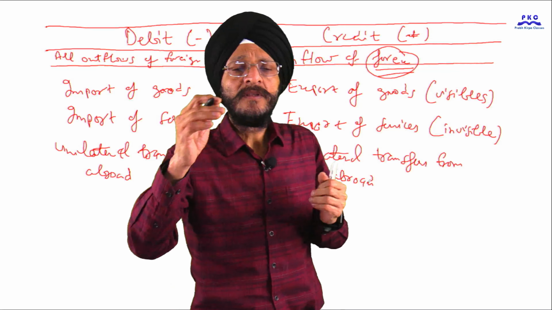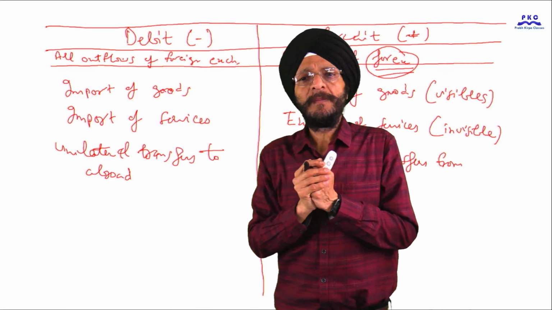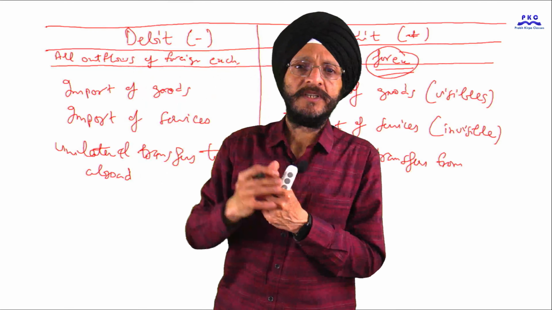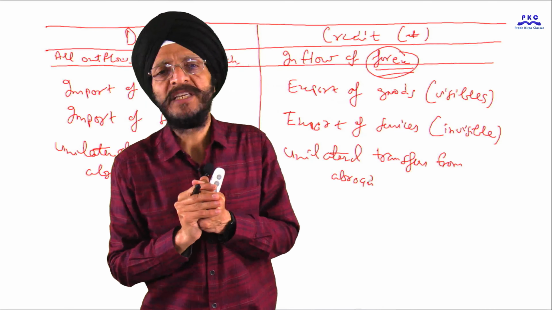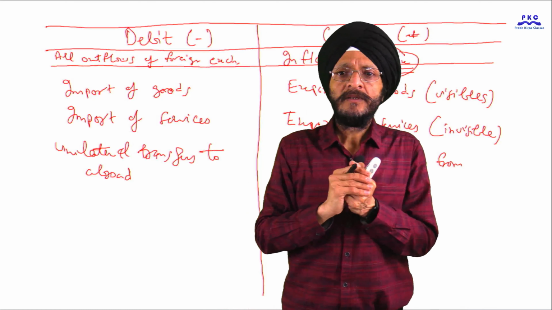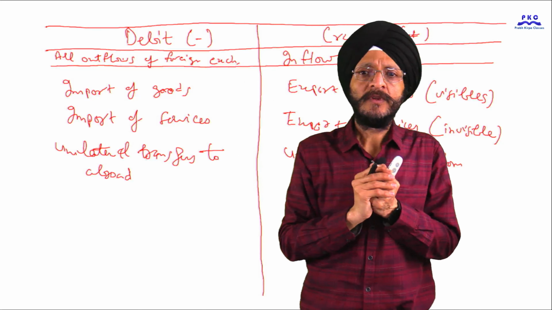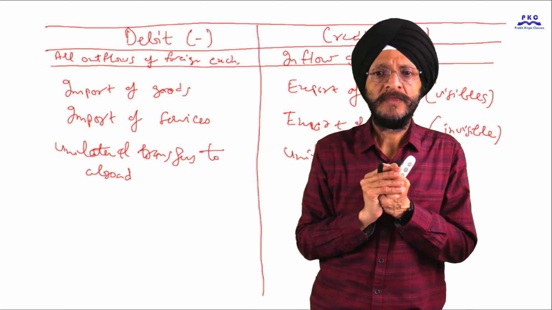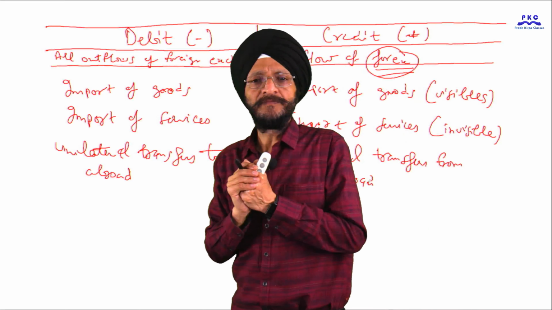Then we may be making some investment in foreign countries and we may receive some sort of profits or income, rent or dividend.